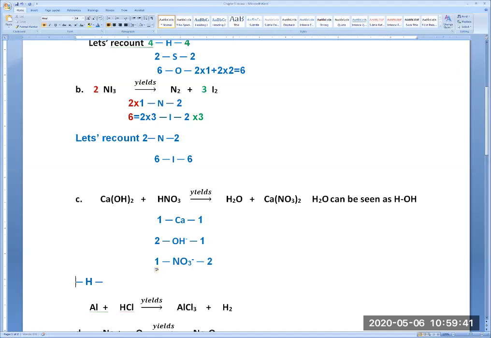And then finally hydrogen. So you do not count the hydrogen that is part of the OH minus when you count hydrogens, right? This is already counted. So the hydrogen here is for the one that is by itself in front of NO3. So it's 1 hydrogen on the left. And on the right, hydrogen is only in water here.